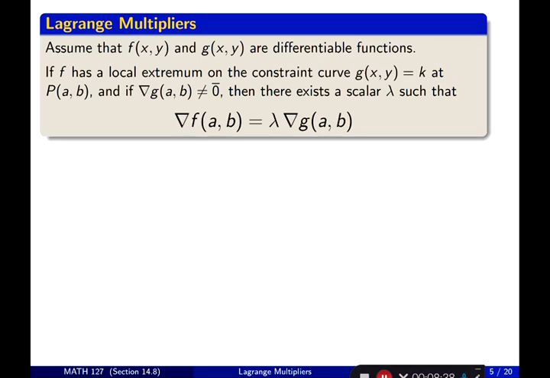If f has a local extremum on a constraint curve, g of x and y equal to k, at P, A and B, and if the gradient of g at A and B is not a zero vector, then there exists a scalar lambda such that the gradient of f at A and B is equal to lambda times the gradient of g at A and B. That means that the two gradients are basically parallel because one is a scalar multiple of the other.